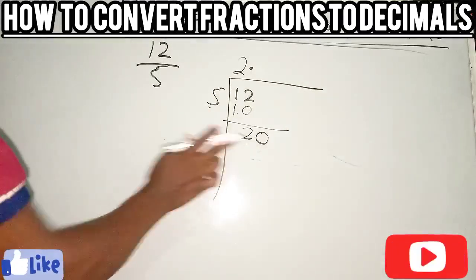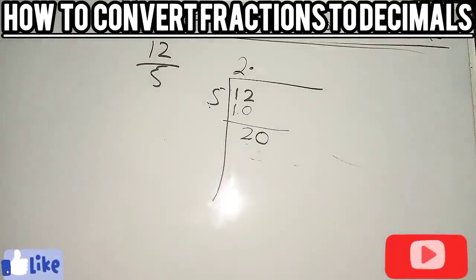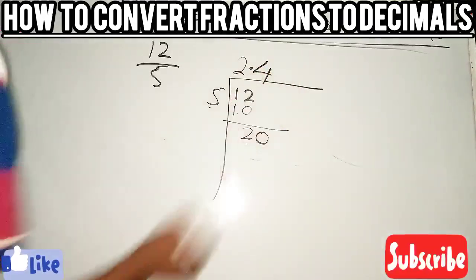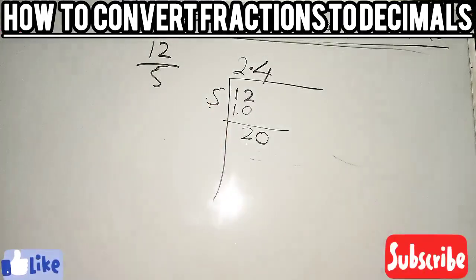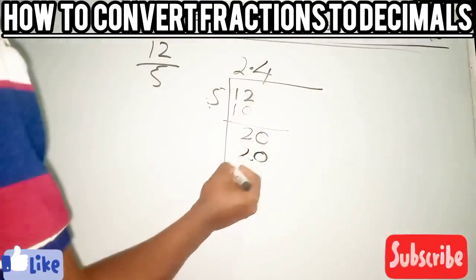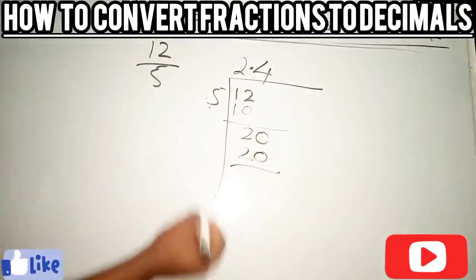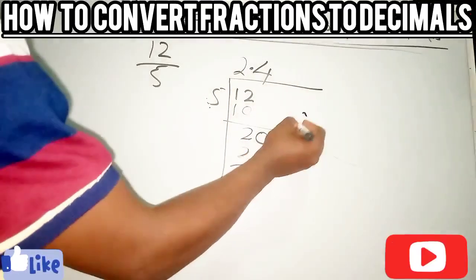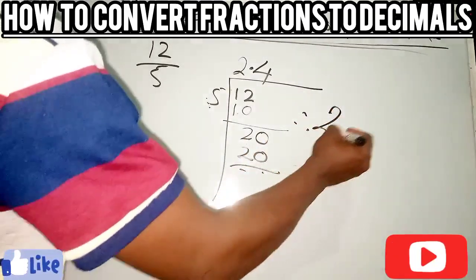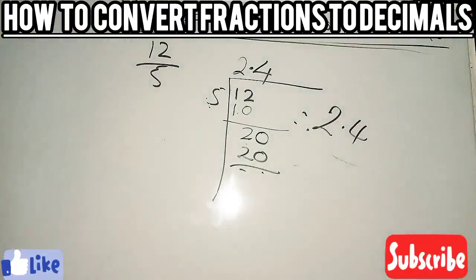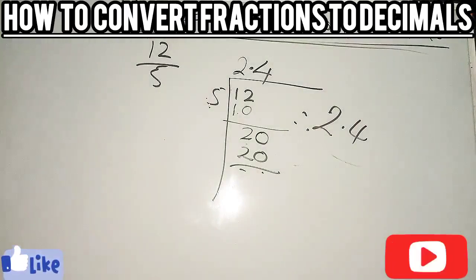Can 5 now go into 20? Yes. How many times? 4 times. 4 times 5 will give us what? 20. So when you subtract 20 from 20, you have nothing. Therefore, your answer is 2.4. Okay, so converting 12 over 5 into a decimal form will give us 2.4.